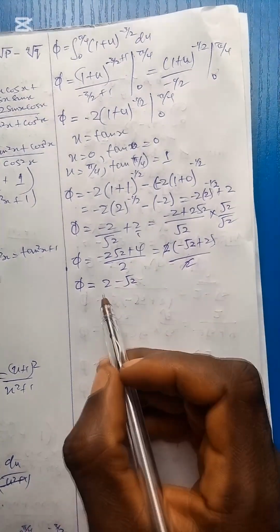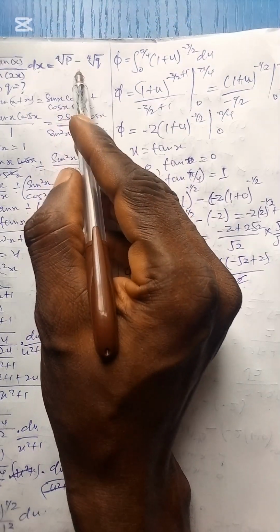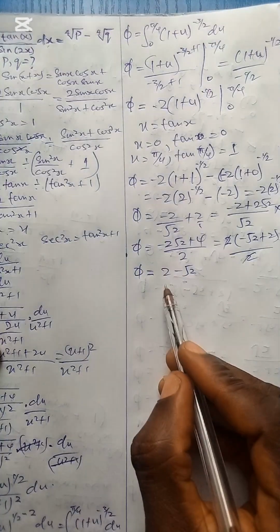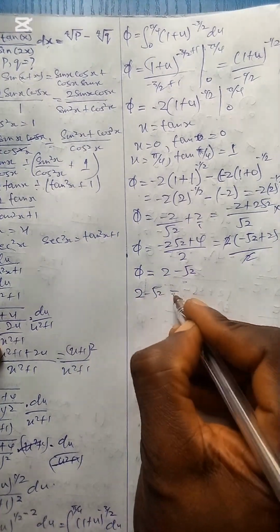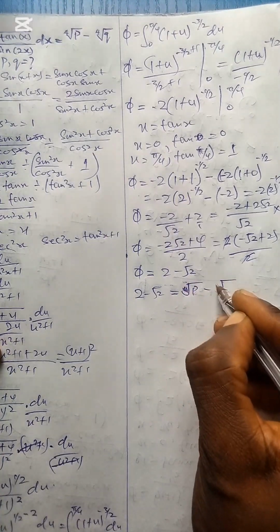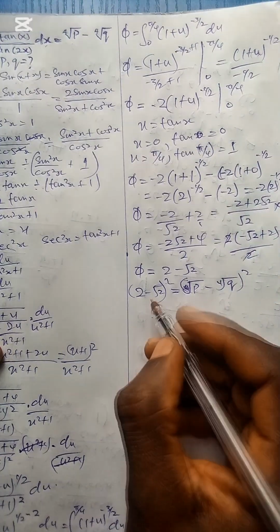Now we can equate this value to the right hand side of the equation. All of these we have evaluated into this. So our 2 minus root 2 is equal to the fourth root of p minus the fourth root of q. We can square both sides to remove the square root signs.